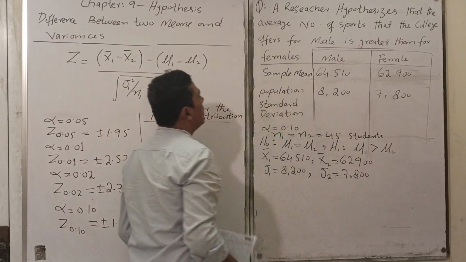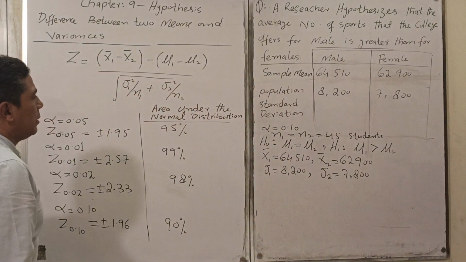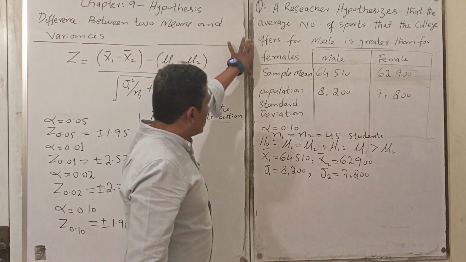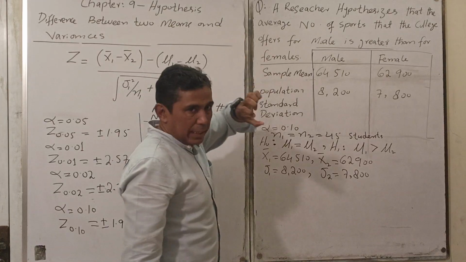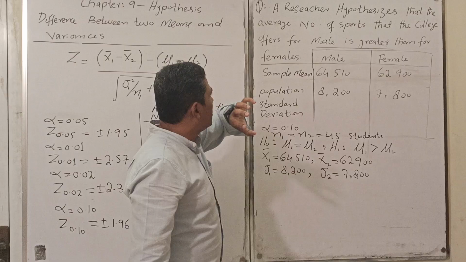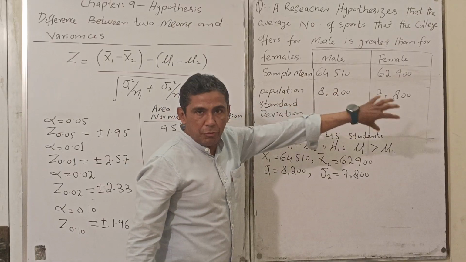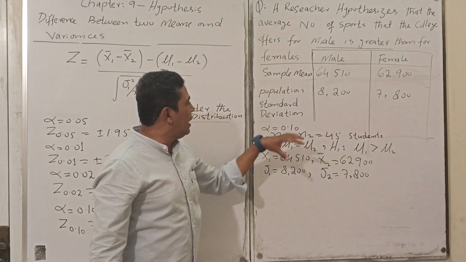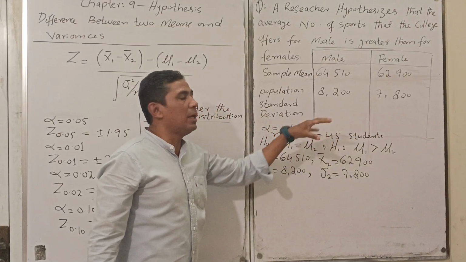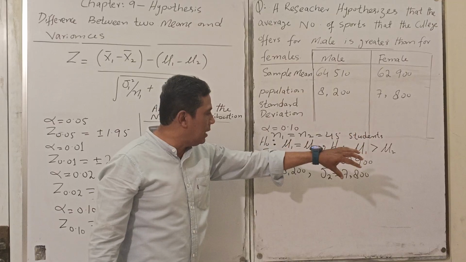Okay. What does it mean? A researcher selected two categories of students, male and female. Male is 45, female is 45 students. Clear?